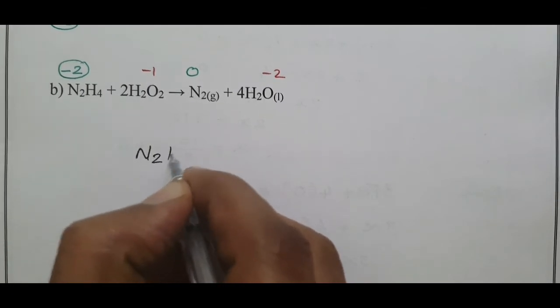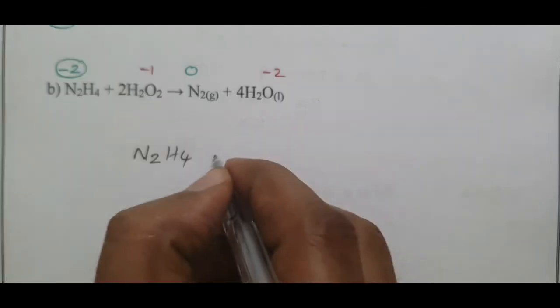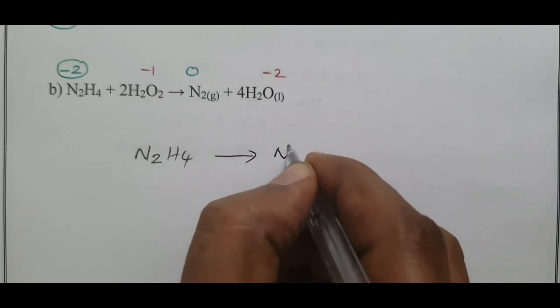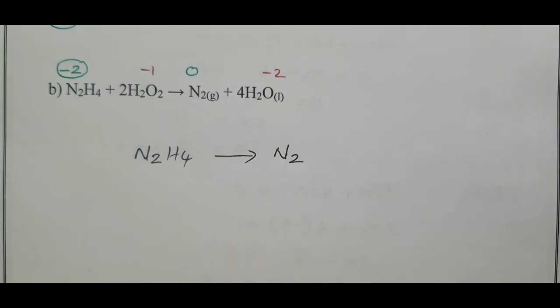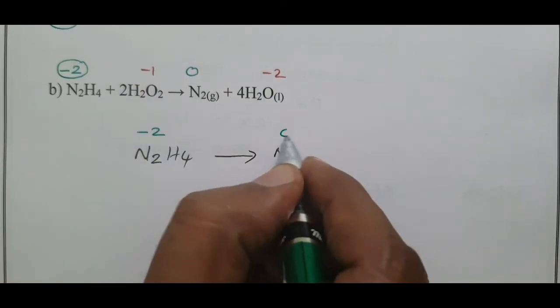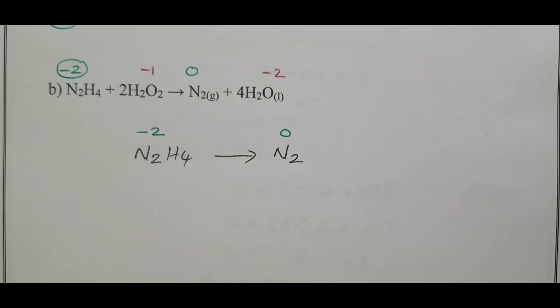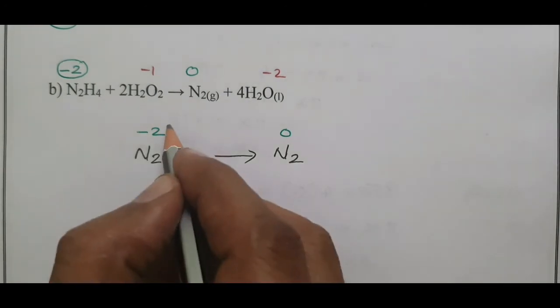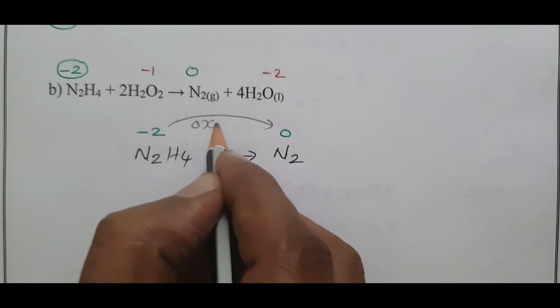Hydrazine N2H4 is converted into N2 dinitrogen. Nitrogen oxidation state, when we move from left to right, -2 to 0, the oxidation number increases, therefore it is called oxidation.